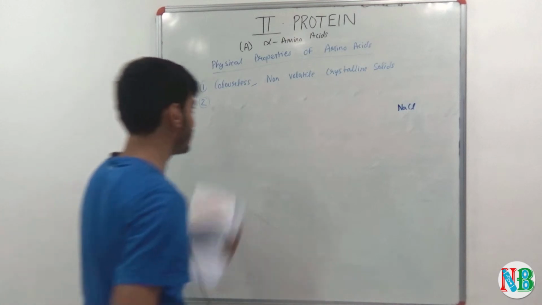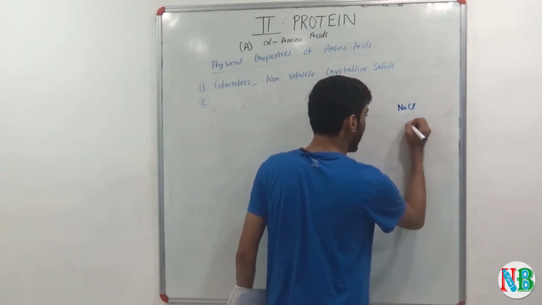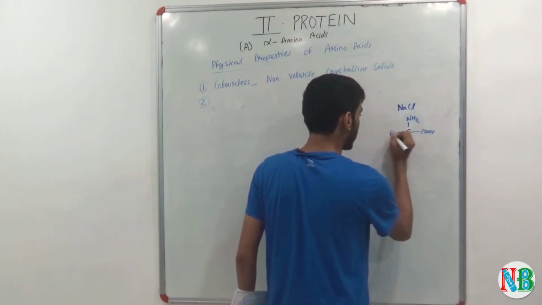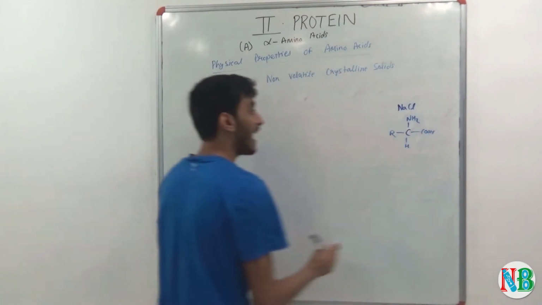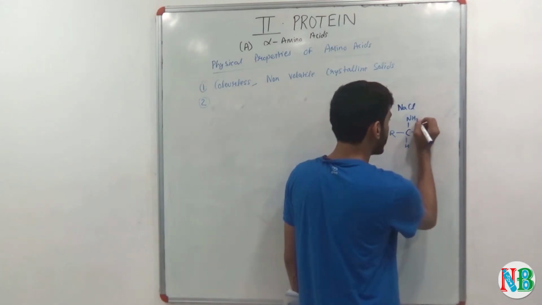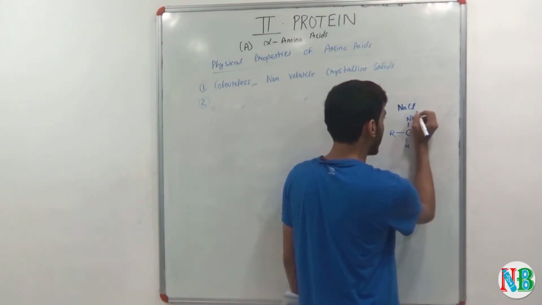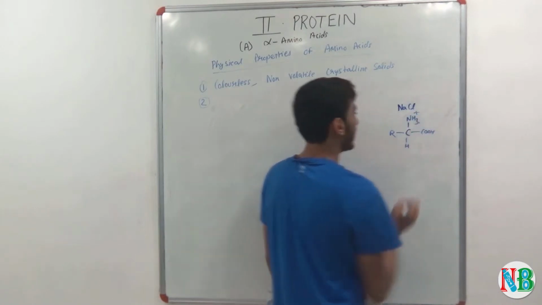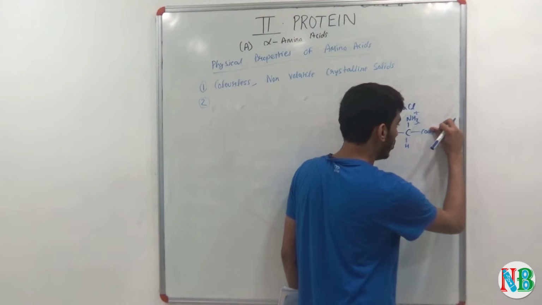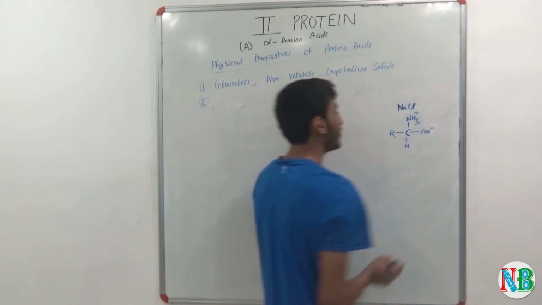In the case of amino acids, you have NH2 and COOH group. In water, it might happen that this NH2 will gain one H plus ion to form NH3 plus, and this may lose a H plus ion to form COO minus.